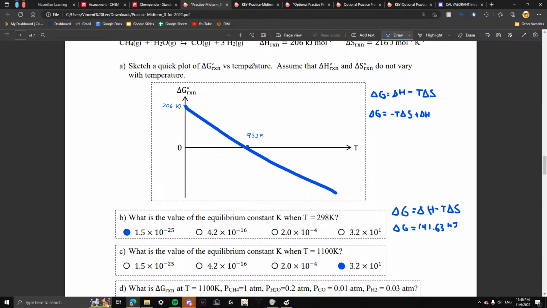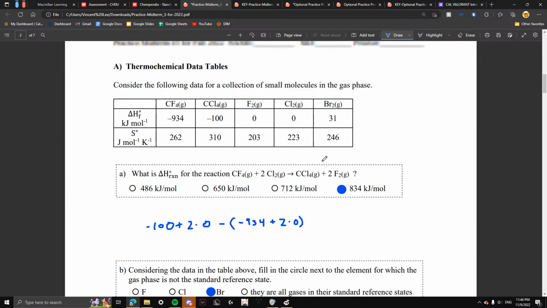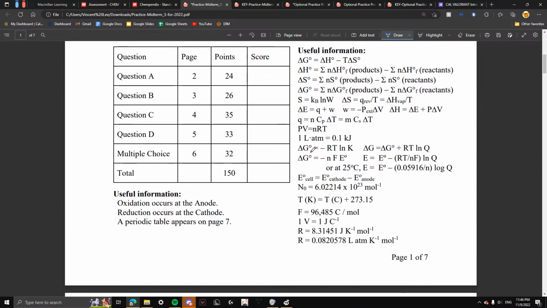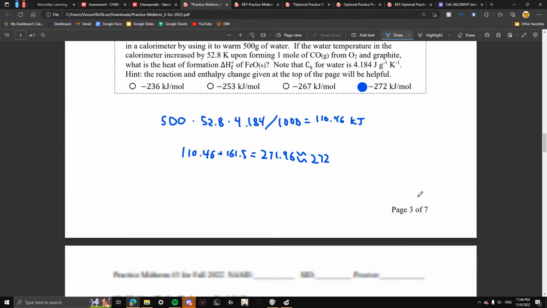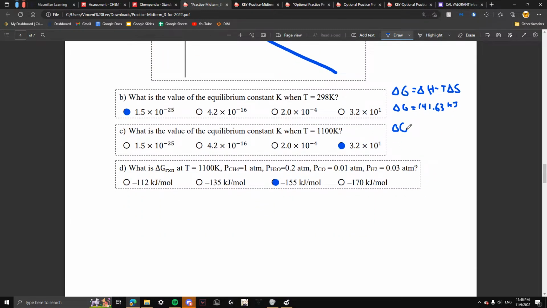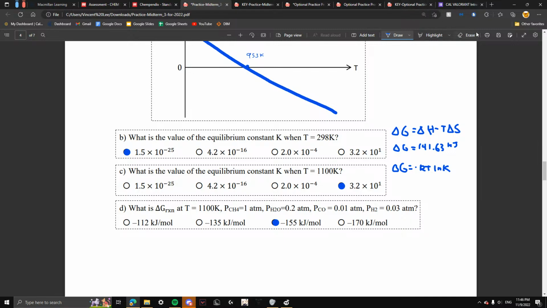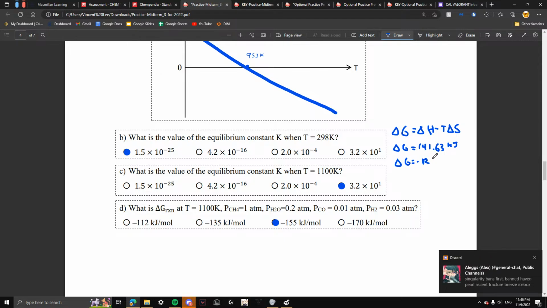I can plug this back into the equation. Delta G is equal to negative RT ln K. And remember, in this case, R is not the ideal gas constant, it is the other one. So delta G is equal to negative RT ln K. I should probably make this smaller, actually, no, I don't care.